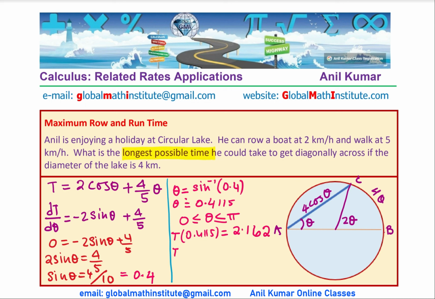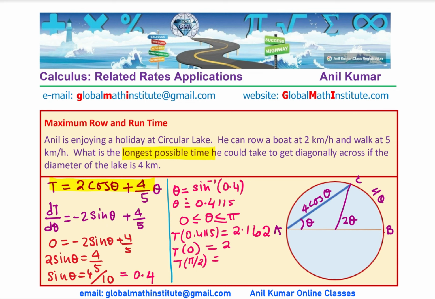Let us put theta as 0 and also calculate the time. We are using this particular expression here to calculate the time. So cos 0 is 1, and theta will be 0. That means we get 2 times 1, which is 2. And if I use pi by 2, in that case cos pi by 2 is 0.